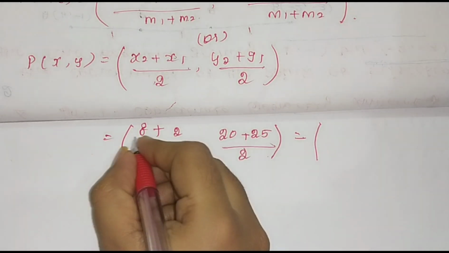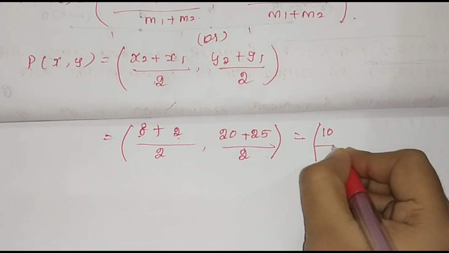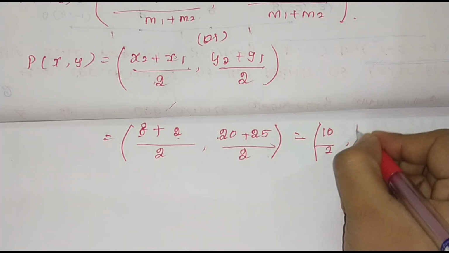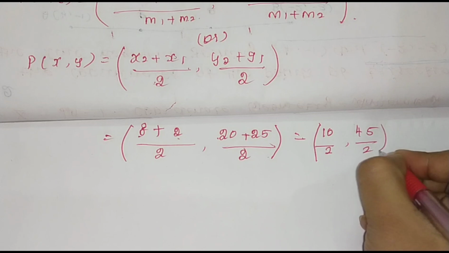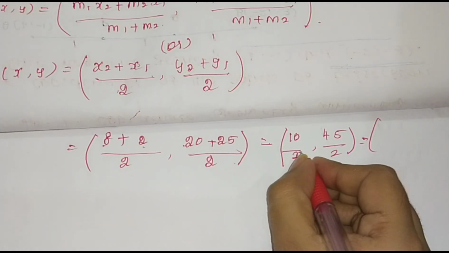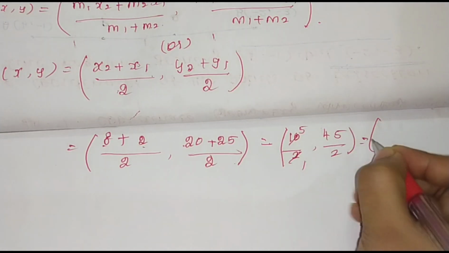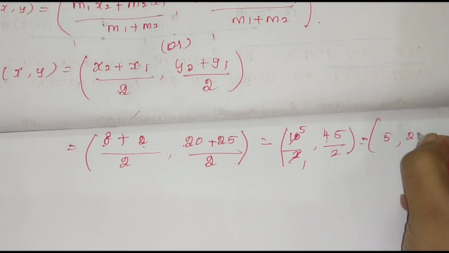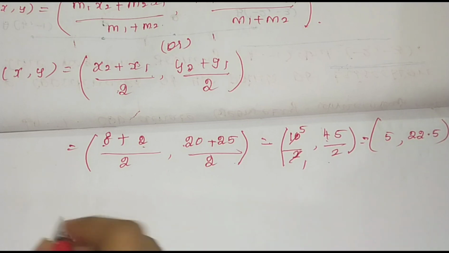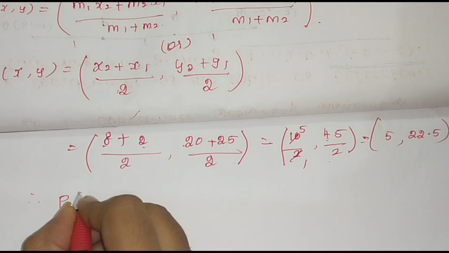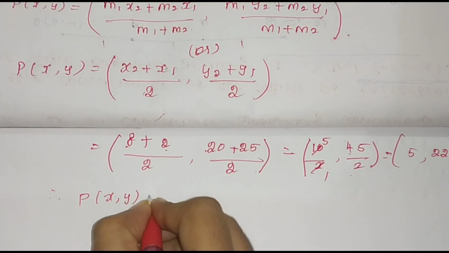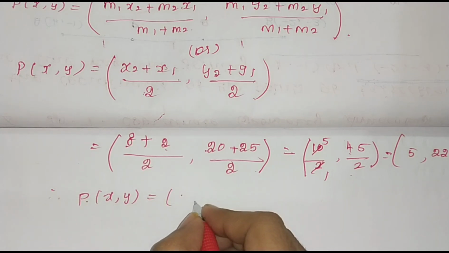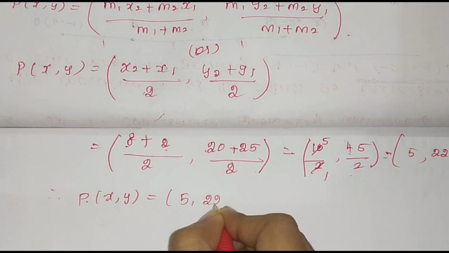Now 8 plus 2 is 10, 10 divided by 2 is 5, comma, 20 plus 25 is 45, divided by 2 gives 22.5. Therefore P(x, y) equals (5, 22.5).